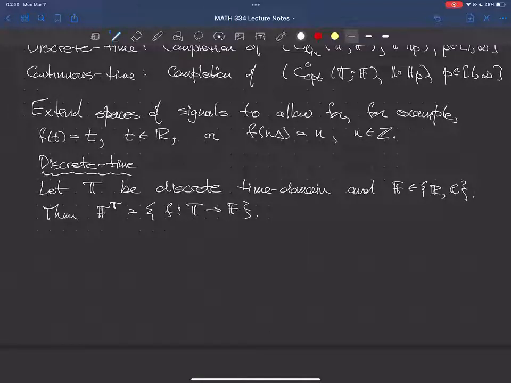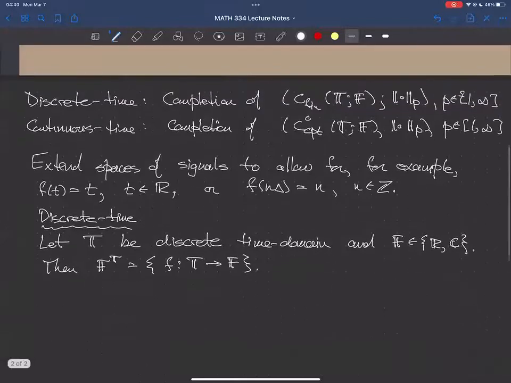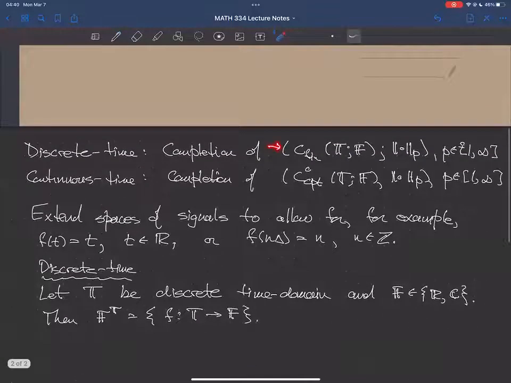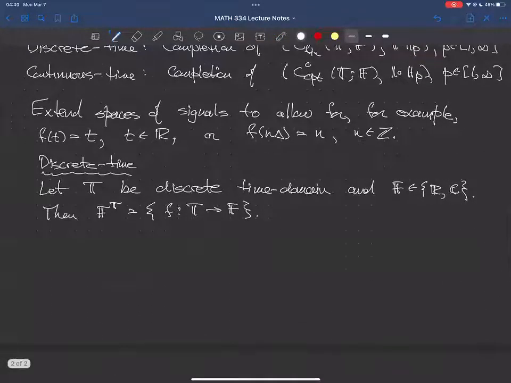Now the problem is, how do you put some useful analytical structure on here? We had talked about norms here. None of these norms are applicable, but we do something which is quite similar.